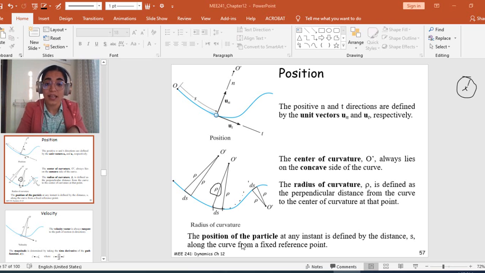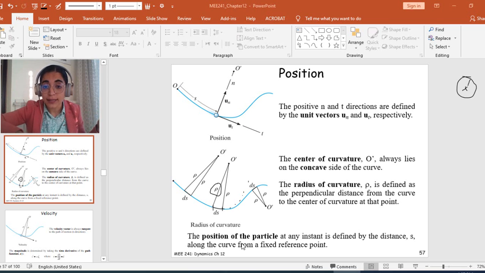And like, guys, in the general motion that we started at the early stage of this chapter, we said that the position of the particle at any instant should be defined by S along the curve. So guys, in the rectangular component, we did not use S because in fact we are defining our position using XYZ. So S will not matter at all.